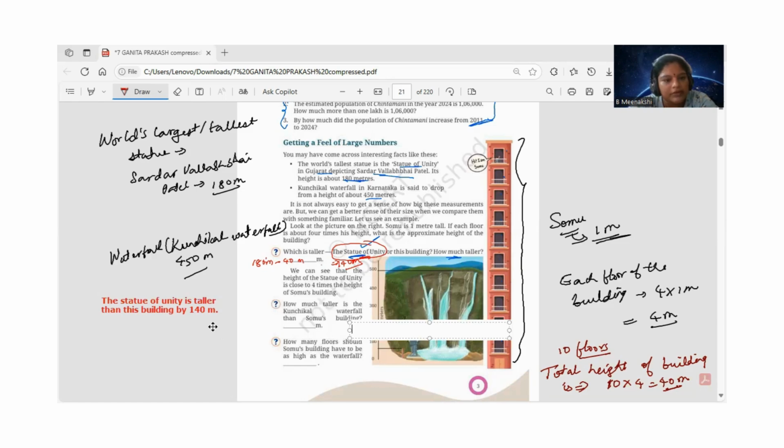So the second one. Kunchikal waterfall is 450 meters.